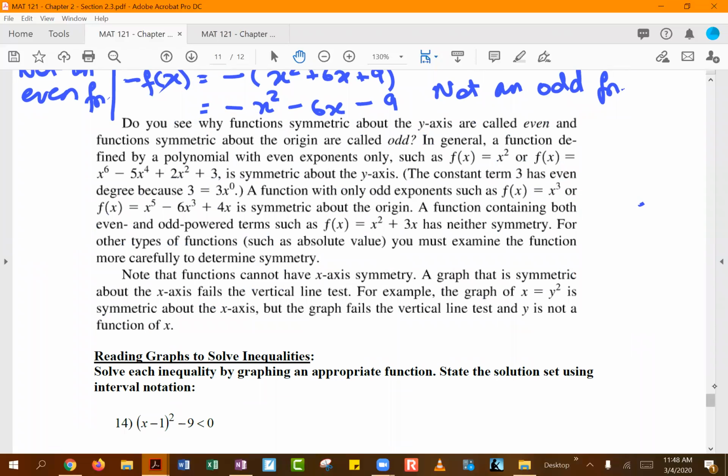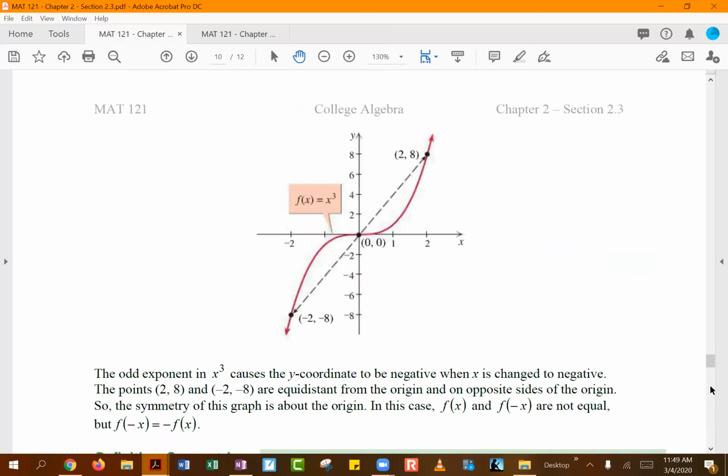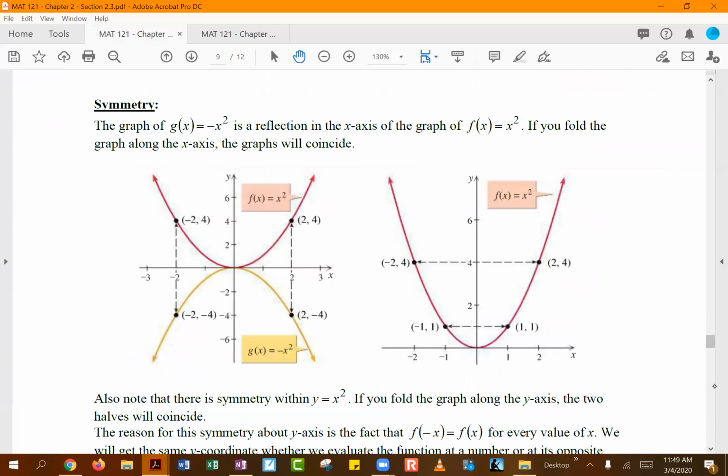Now, I was talking about symmetry with respect to the x-axis. The reason we cannot use symmetry with respect to the x-axis is because, think about how we had defined functions. If you draw a vertical line through a function, it should only cross at one point. But if you talk about symmetry with respect to the x-axis, think about if I drew a vertical line here, it would be crossing at 2 points, which would fail to be a function.